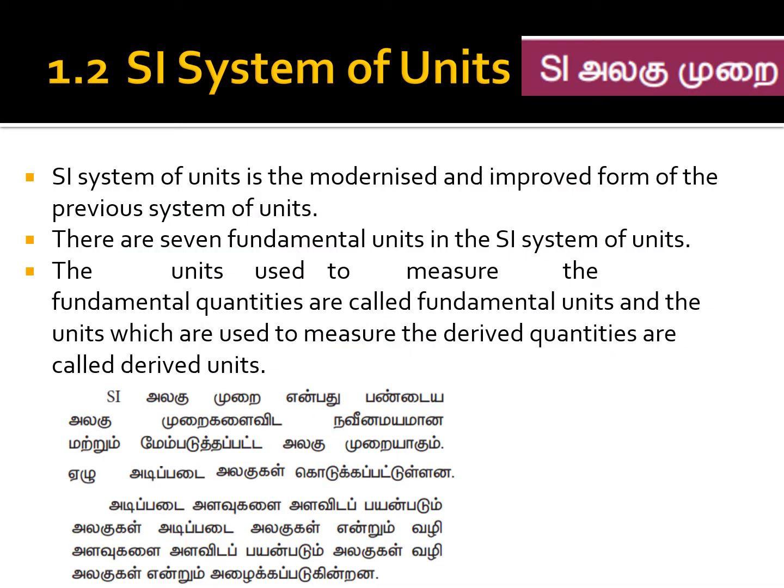The SI system of units is a modernized and improved form of the previous system of units. It is accepted in almost all the countries. It is based on a certain set of fundamental units from which derived units are obtained by proper combination. There are 7 fundamental units in the SI system of units.